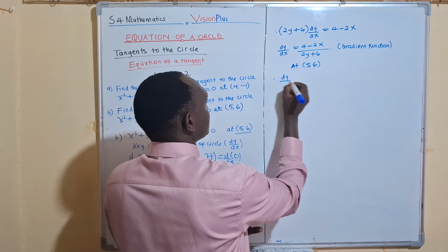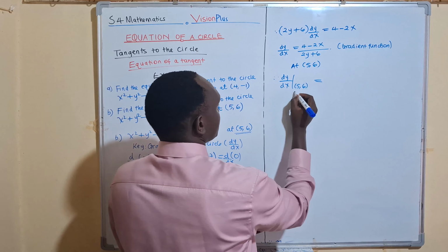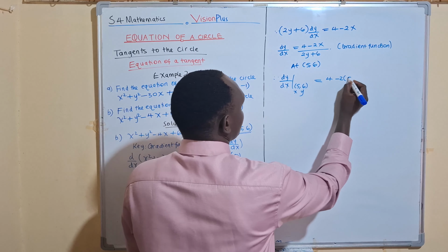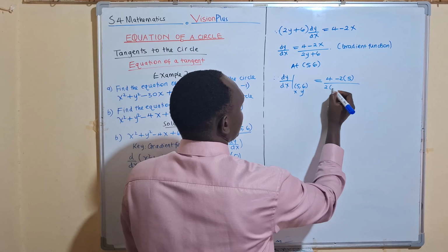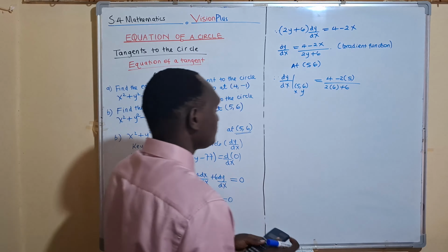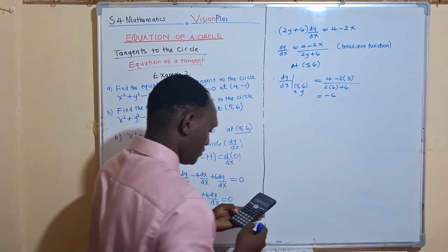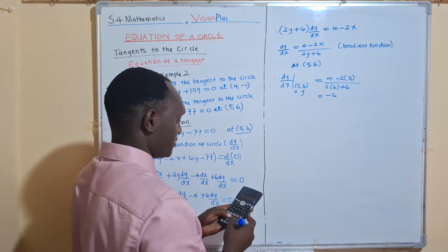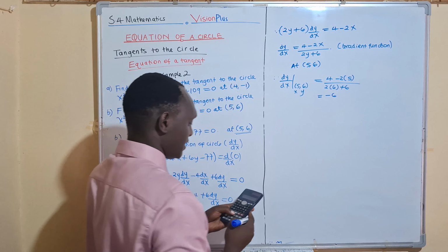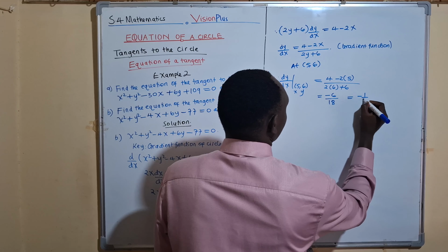Therefore, we have dy/dx at (5, 6) equals, this is x, this is y, substitute for them, then we shall have 4 minus 2 times x, which is 5, out of 2 times y, which is 6, plus 6. Then you solve that. 4 minus 2 times 5 is negative 6, and 2 times 6 plus 6 is 18, so negative 6 out of 18. This gives us negative 1 out of 3.